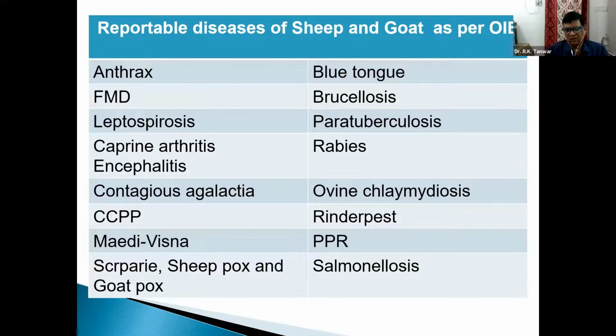I don't know in how many states these diseases are reported to higher authorities: anthrax, FMD, leptospirosis, caprine arthritis encephalitis, contagious agalactia, CCPP, BD, Visna, scrapie, sheeppox, goatpox, bluetongue, brucellosis, paratuberculosis, rabies, ovine chlamydiosis, rinderpest. India is now free from rinderpest, but it is included in the act. Our neighbor countries are not free from rinderpest. PPR is there and salmonella.